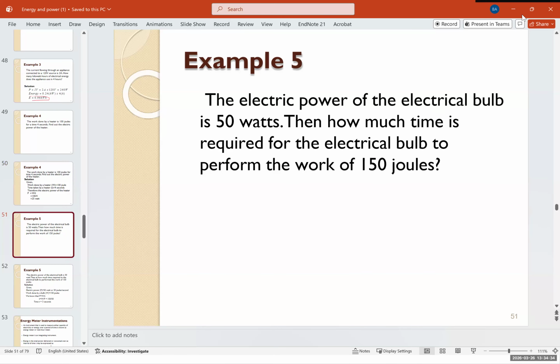Next one, the electric power of the electrical bulb is 50 watts. How much time is required for the electrical bulb to perform the work of 150 joules?